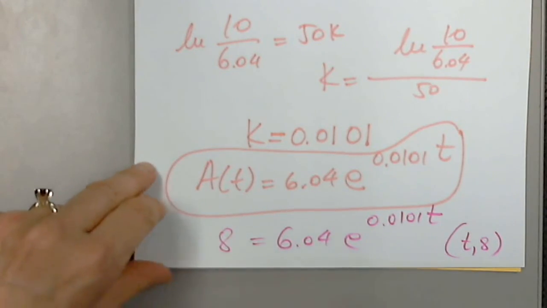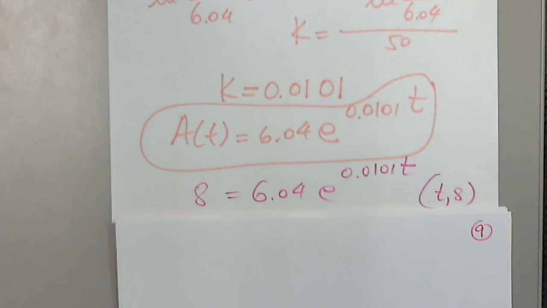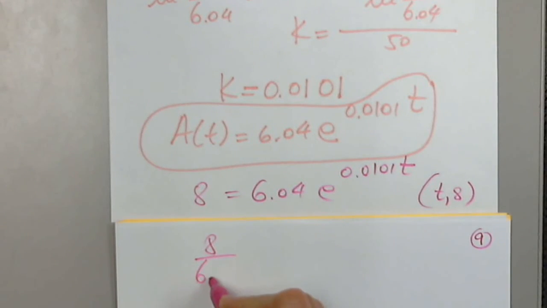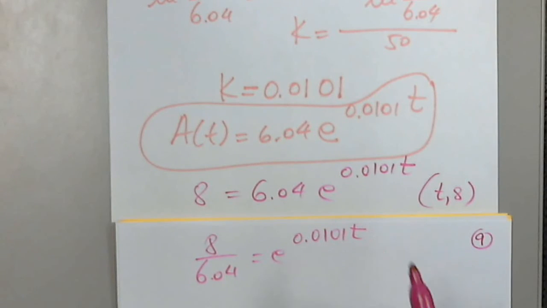Now again, I'm asking myself, what type of equation is this? Exponential. Good. Is it cleaned up? No. So what do I need to do? Divide both sides by 6.04. Next? Natural log. Indeed.